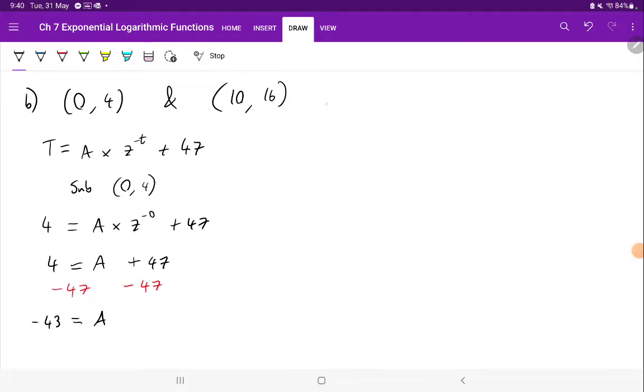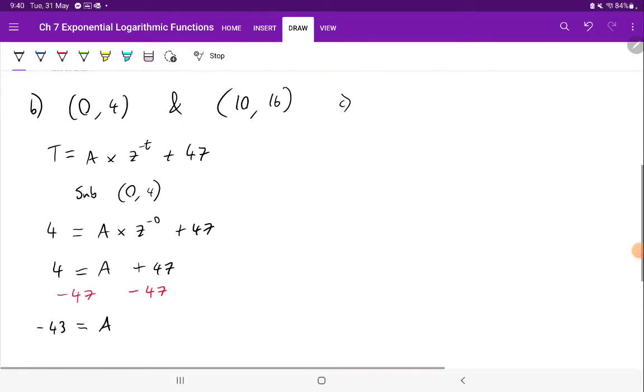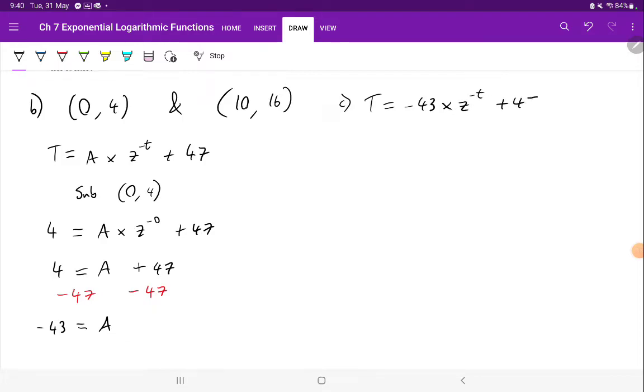So my new equation, leading into part C, where we're going to be calculating the last constant, Z, is T equals negative 43 times Z to the minus t plus 47. And this is where we're going to use our second point, so we're going to sub in 10, 16 to look for Z.